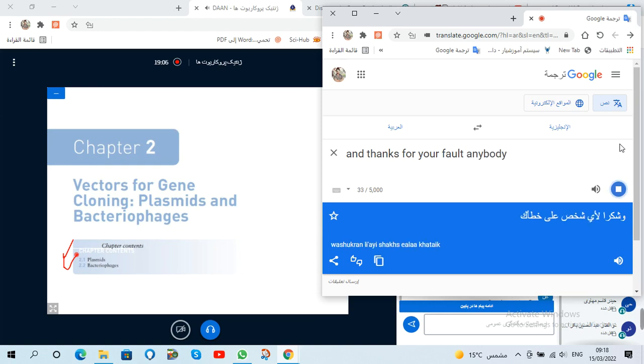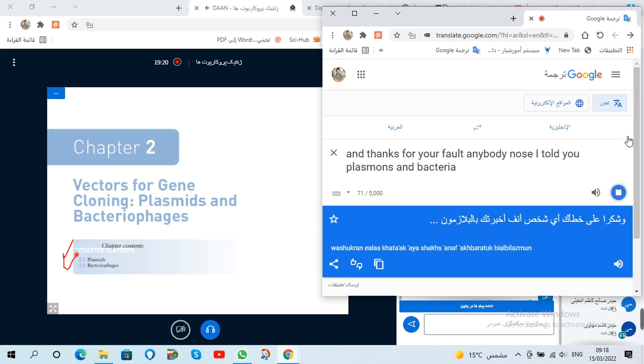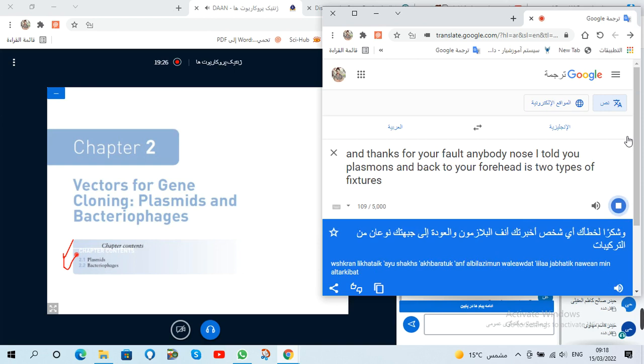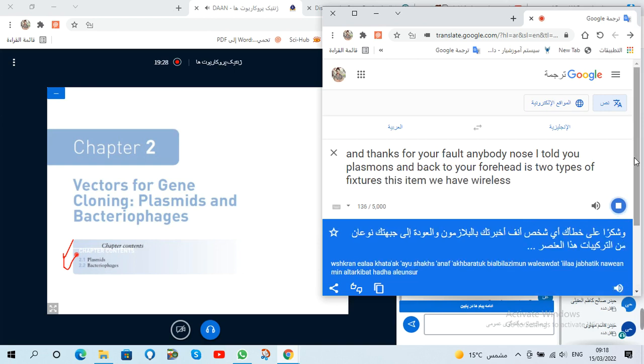I told you plasmids and bacteriophage are two types of vectors. Besides them, we have viruses.